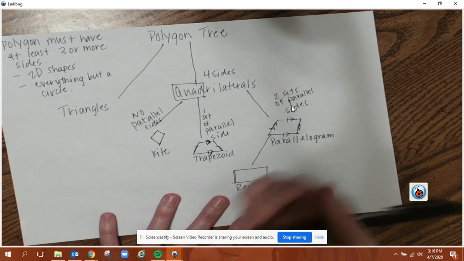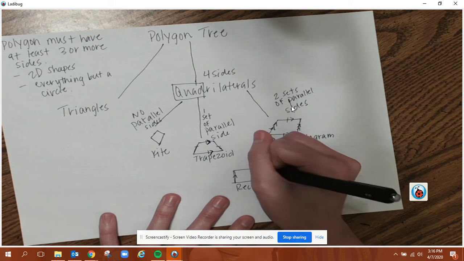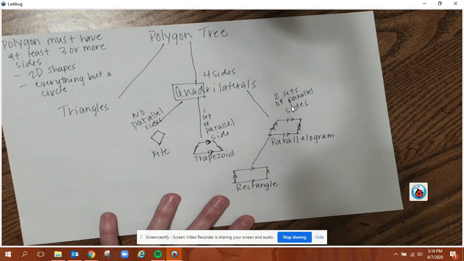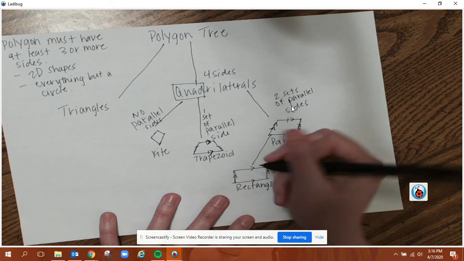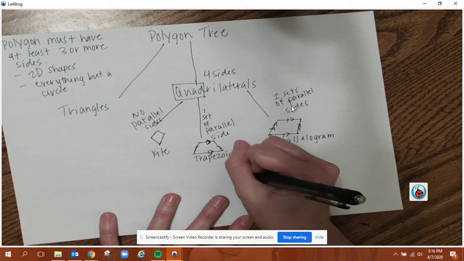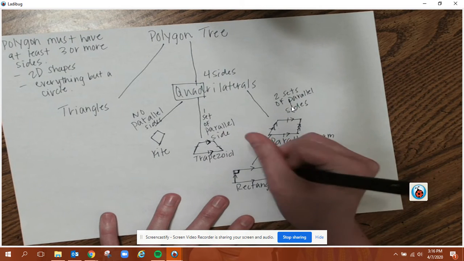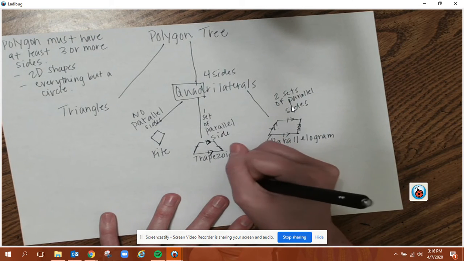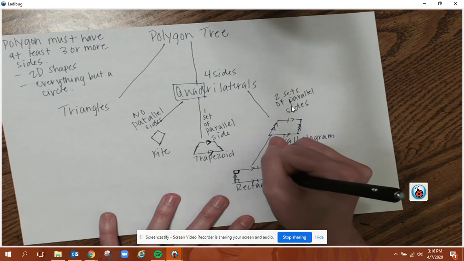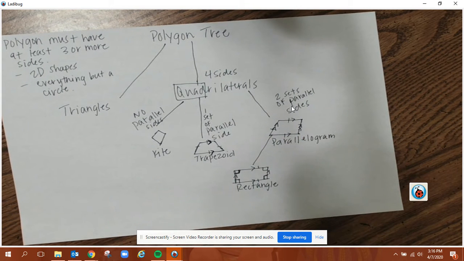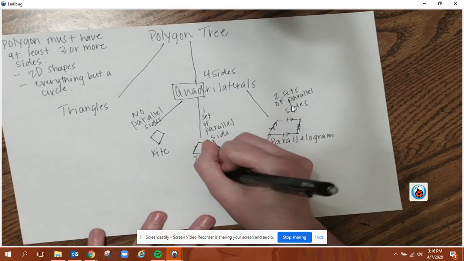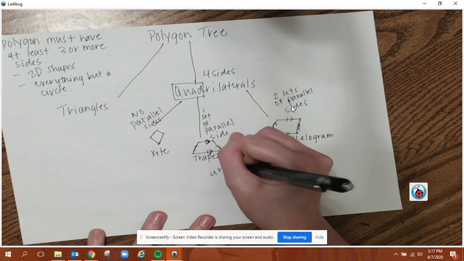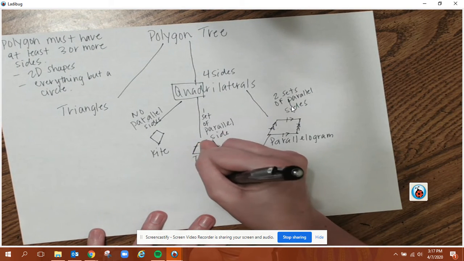Okay, it's a parallelogram because it has 2 sets of parallel sides, right? But it can also be classified as a quadrilateral because it has 4 sides, but it also has 4 right angles. Okay? And remember, right angles have 90 degrees.